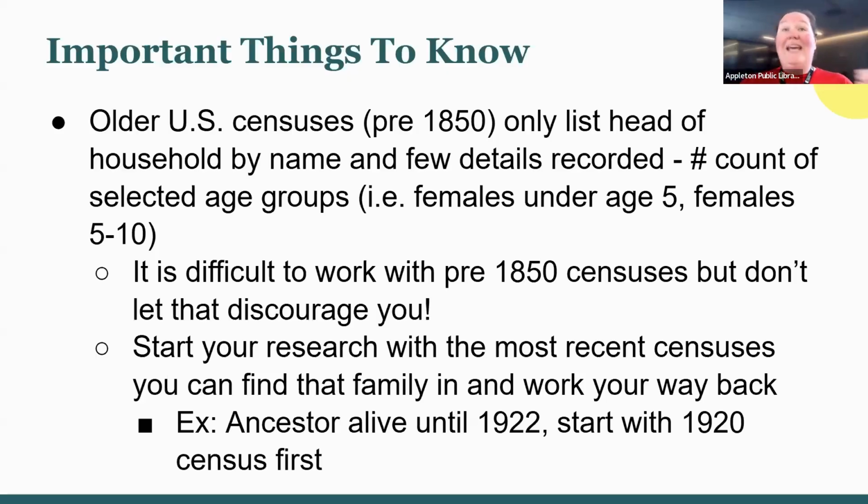Or if there's special state censuses that I can have in between those years, especially that 1890 census, that's the big gap. Maybe there's a state census that also fills in that gap between the 1880 census and the 1900 census. So kind of try to work your way back until you get to those 1850s. Don't start with the 1840 census and try to work your way forward. It's a lot harder that way.